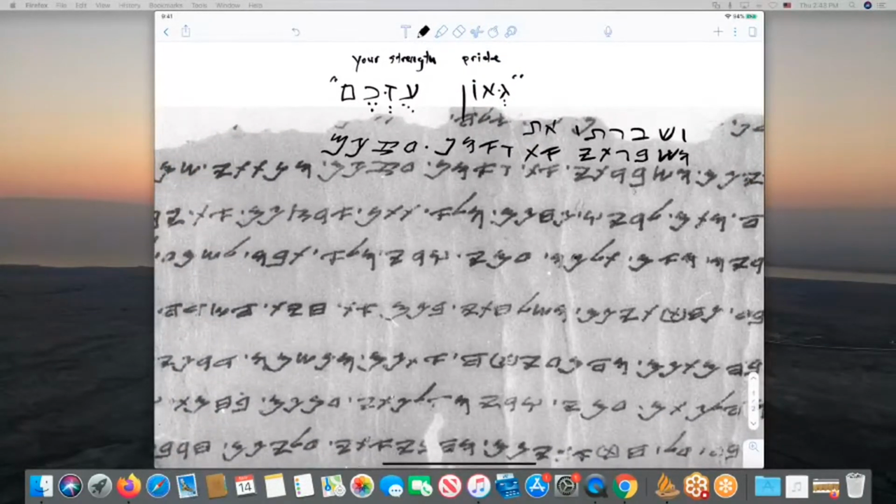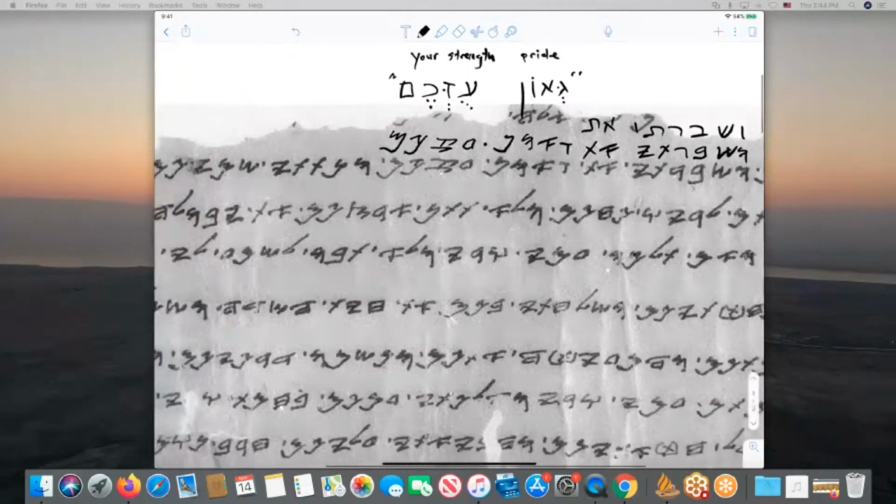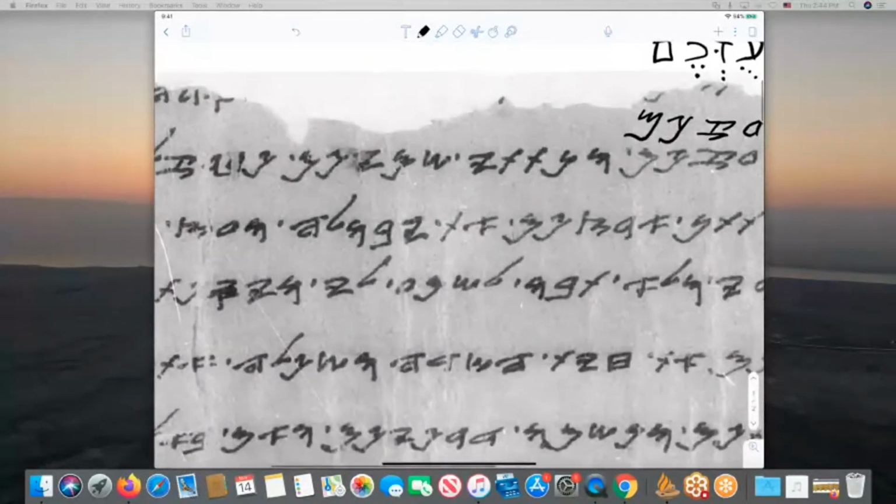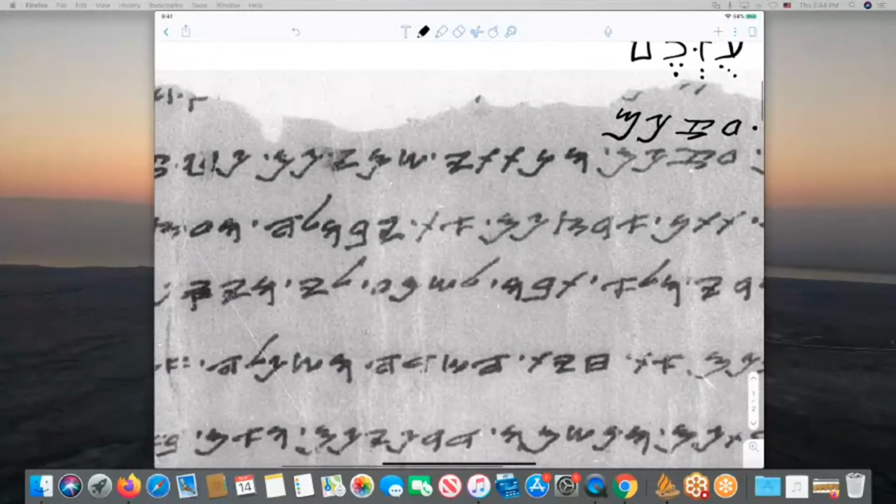So veshavarti et geon uzechem. Shavarti, that's our first word, is and I will break. Again, we're talking about what's going to happen if they do not listen to his commandments. And we're going to do a little more here before we look at all the alphabet.